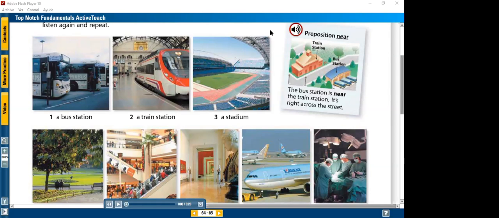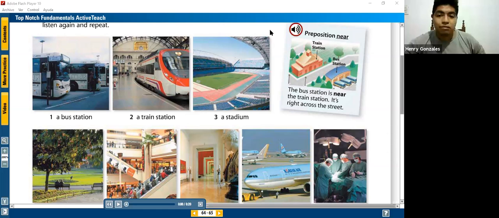The bus station is near the train station. It's right across the street. That's the example. Near significa cerca.